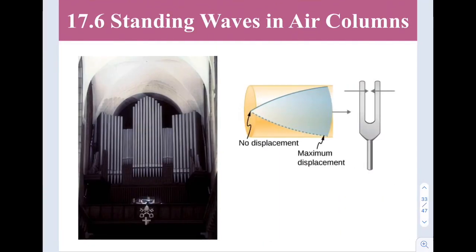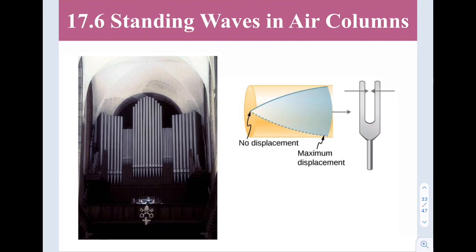So now, examples of standing waves in air columns. Subtopic 17.6, standing waves in air columns. We have lots of types of instruments that use air as the medium of the wave. The waves under boundary conditions model can be applied to sound waves in a column of air, such as inside an organ pipe or clarinet.